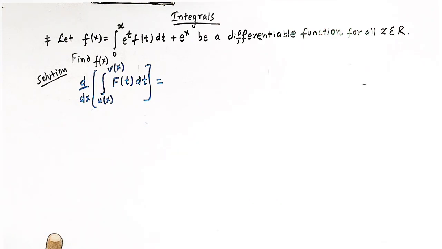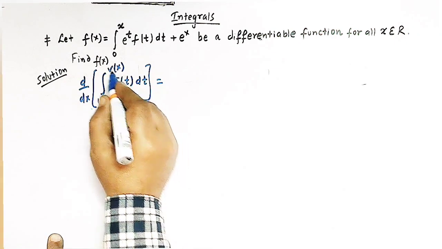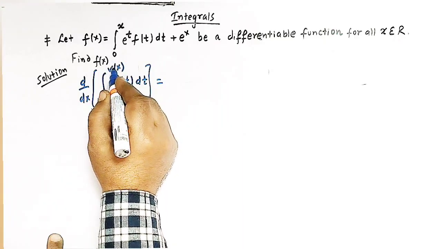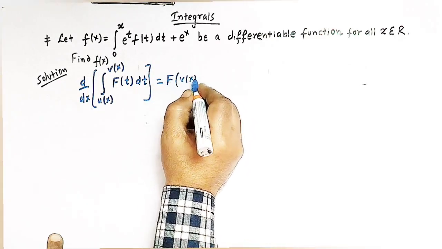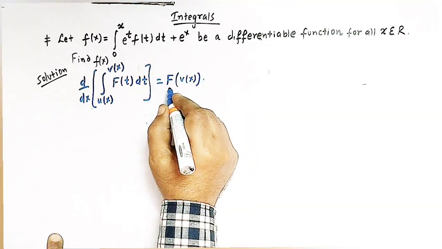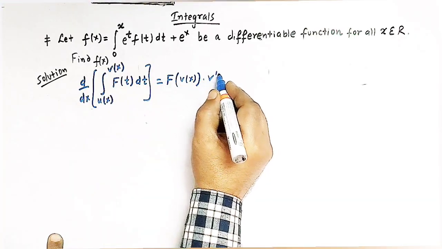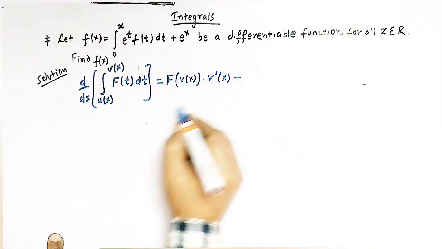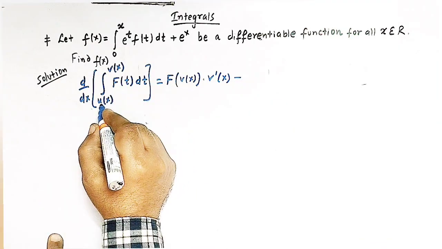Then Leibniz integral rule says that first we'll replace this t by v of x, that is the upper limit. So here we have f of v of x, and then we multiply this term by the derivative of v of x, that is v prime of x. Then we have a negative sign, and then we replace this t by u of x.